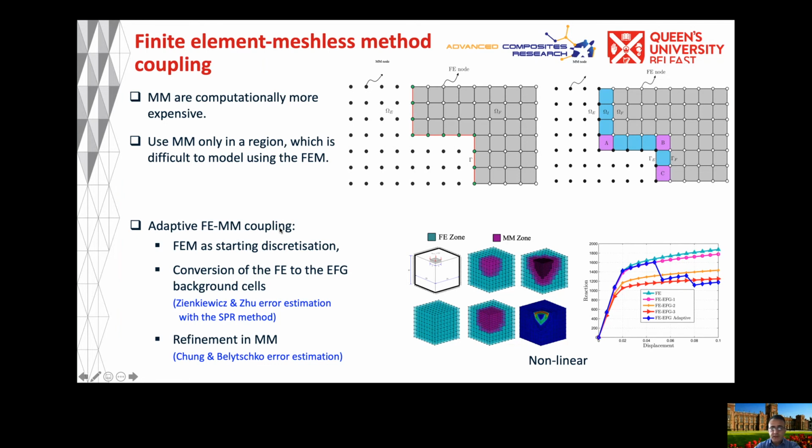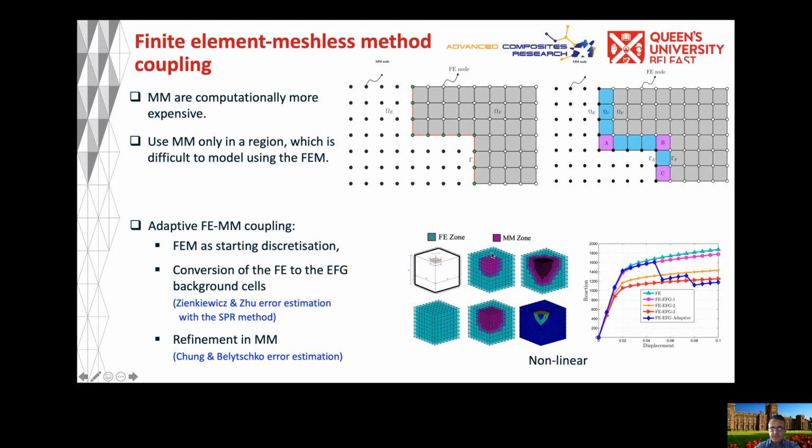The idea is that, for example, if you want to solve this problem, again the same footing problem on the soil block, you will start your simulation with only a finite element mesh. Then during the simulation, based on this error estimation, where I'm using the Zienkiewicz and Zhu error estimation, you will convert a region into only meshless.